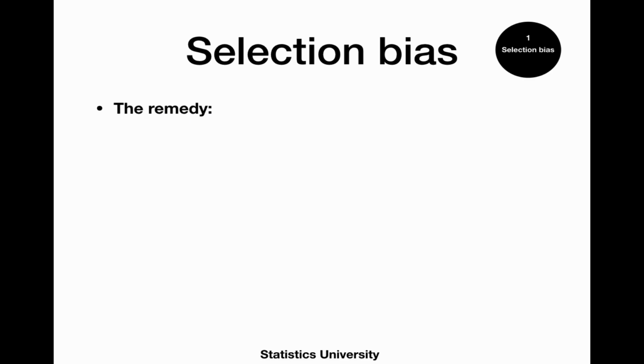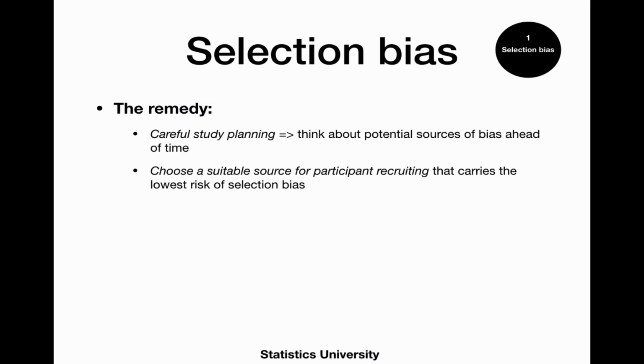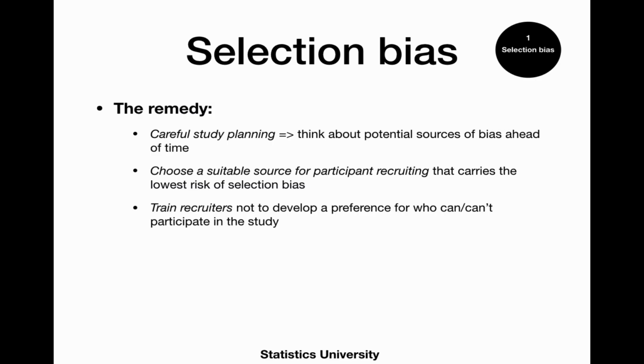And the remedy for selection bias is to construct a careful study plan. So think about potential sources of bias ahead of time. And choose a suitable source for participant recruiting that carries the lowest risk of selection bias. Train recruiters not to develop a preference for who can or can't participate in the study.